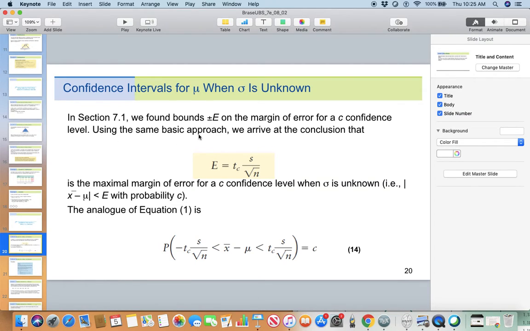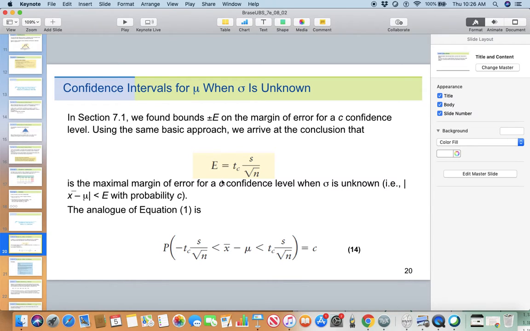We are using the same basic approach. In the previous section we had Z sub C, now it is T sub C. In the previous section we had sigma, now we have S. So E is T sub C times S over square root n.